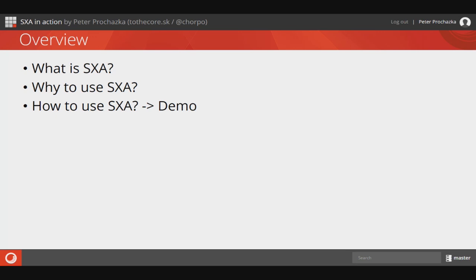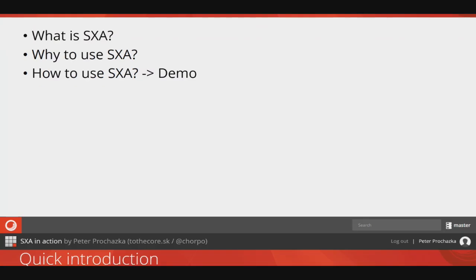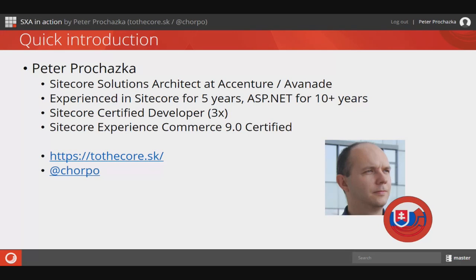Before we jump in, let me quickly introduce myself. I'm a Sitecore Solutions Architect at Accenture Evanate. I'm experienced in Sitecore for almost 5 years now, and with ASP.NET for longer. I'm a three-time Sitecore certified developer and Sitecore Experience Commerce 9 certified developer.